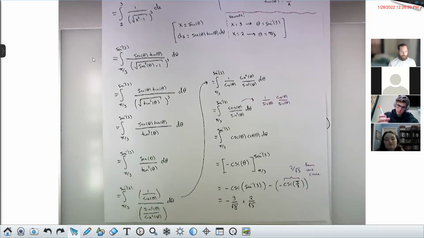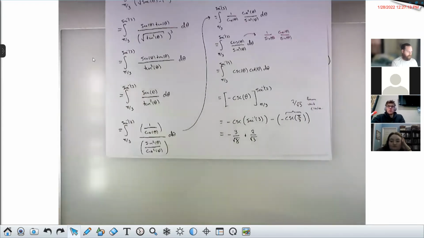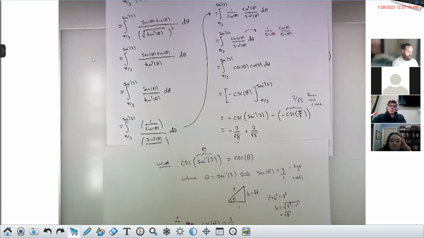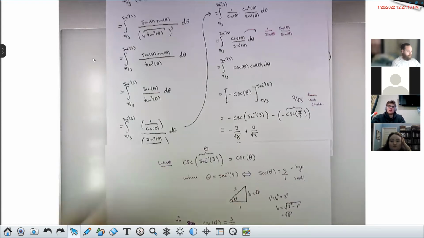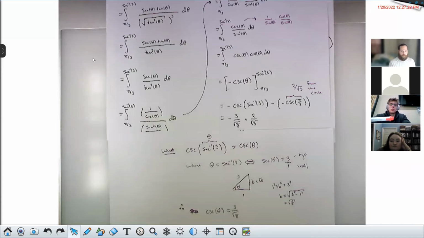And then I'll do the same thing with the next page. Okay. Here's the other stuff.